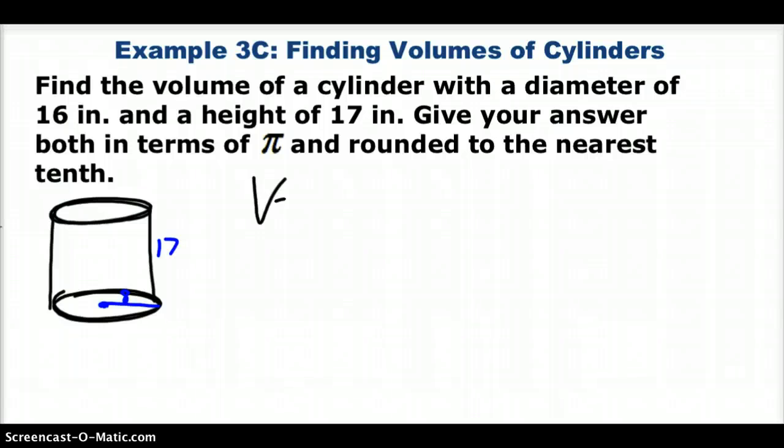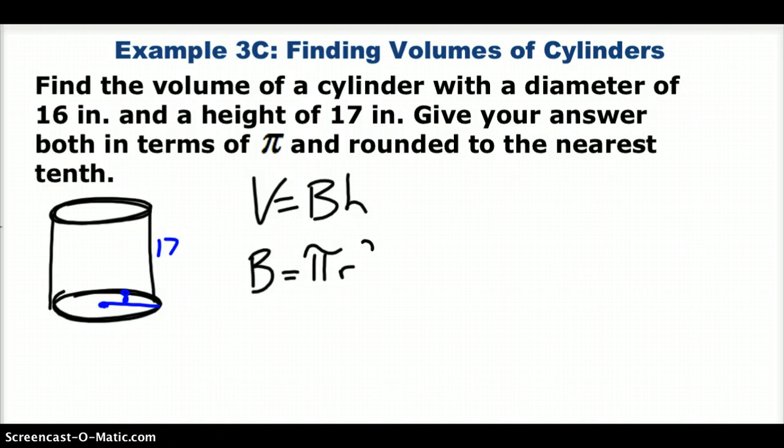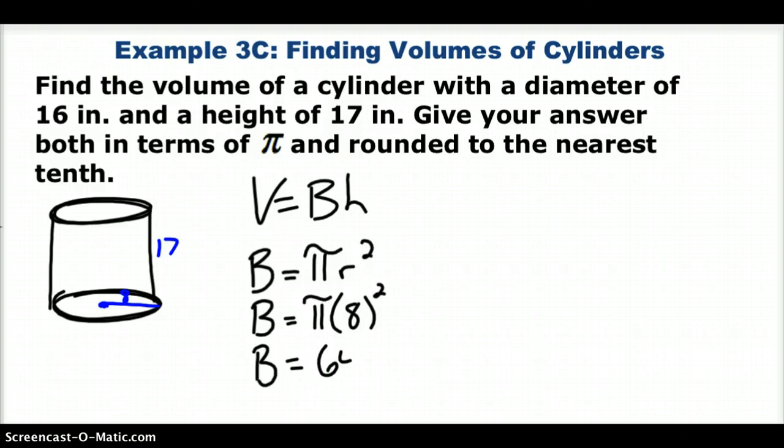So this is really a very simple math problem. I'll say that the volume is going to be equal to the area of the base multiplied by the height. Obviously, we have to find the area of the base, so that's going to be equal to pi times radius squared, which is now pi times 8 squared. And the area of the base here is just going to be 64 pi square inches.